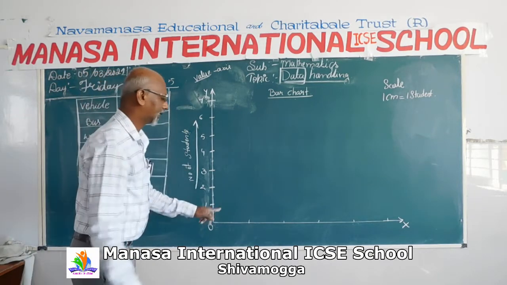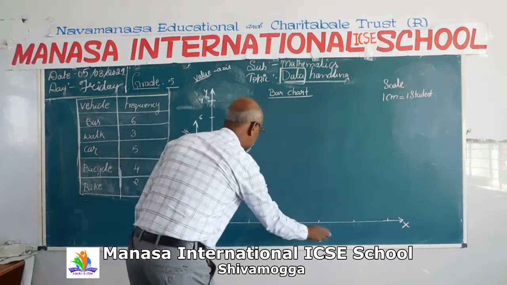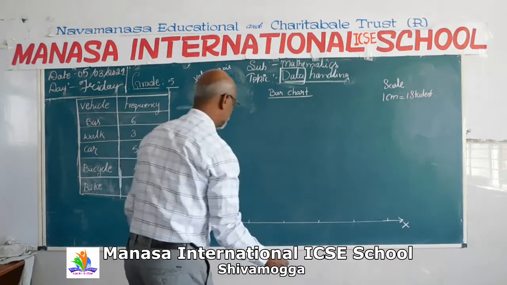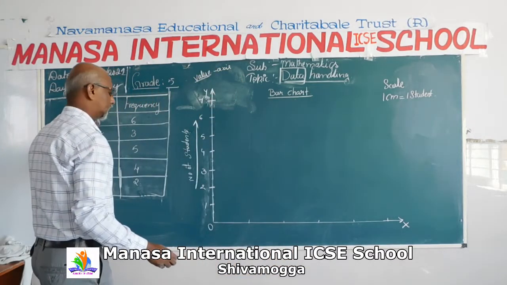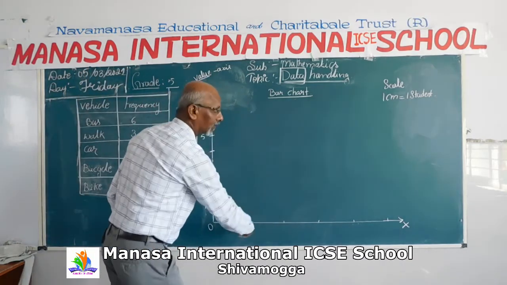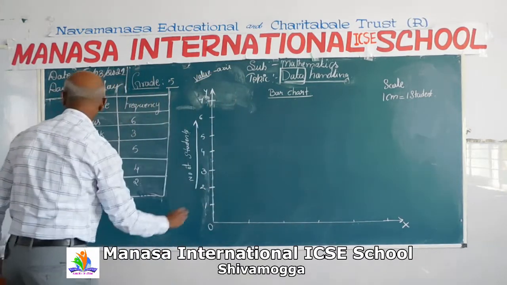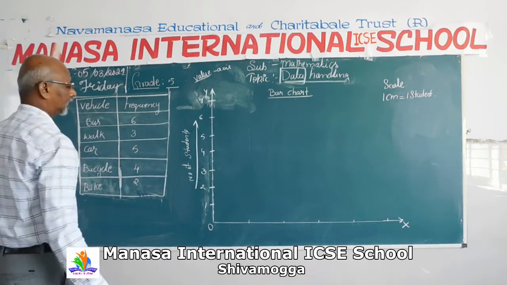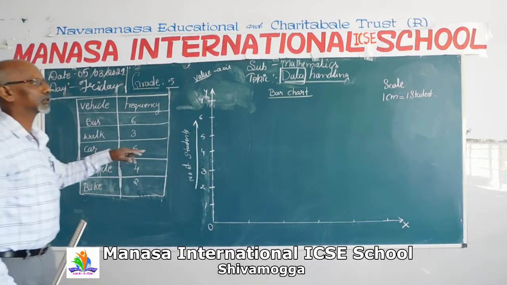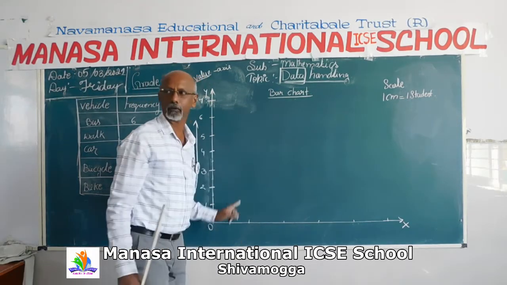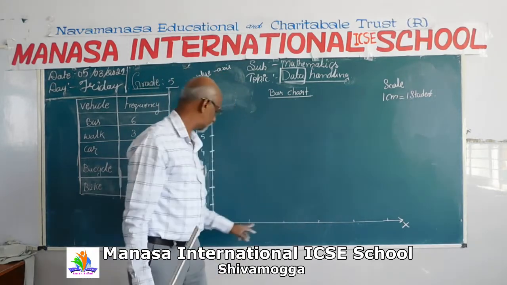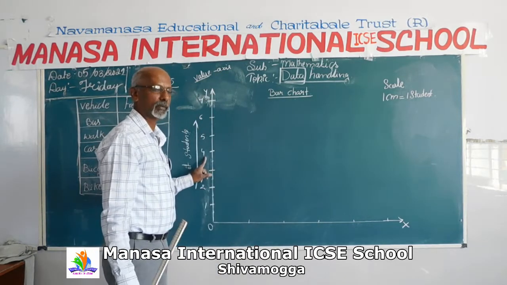Is it clear? Next, this one represents vehicle. This one is the category axis. So now look at this: first we draw two lines, one horizontal and one vertical.